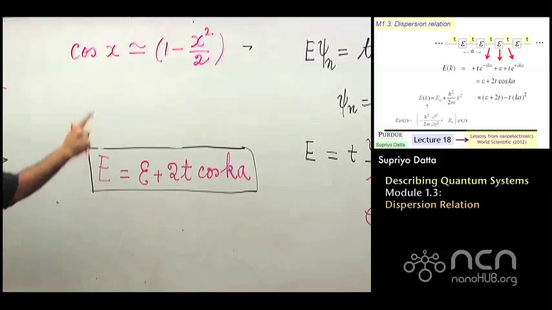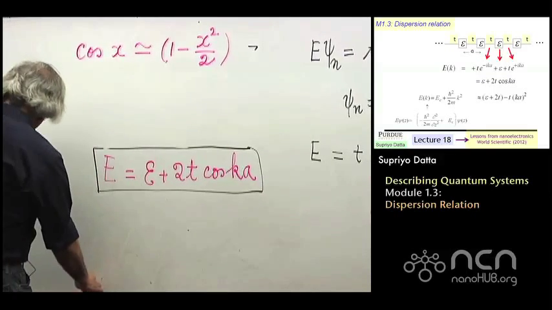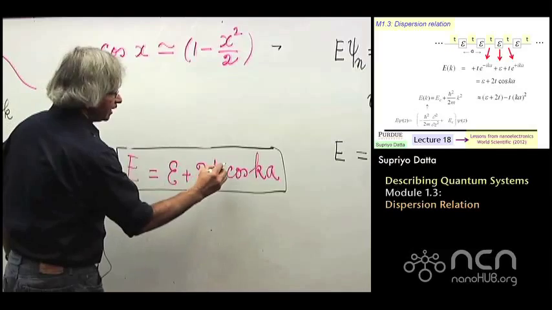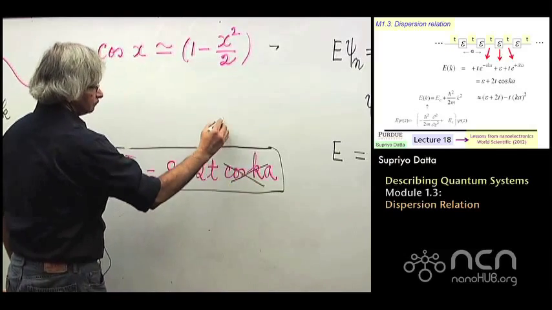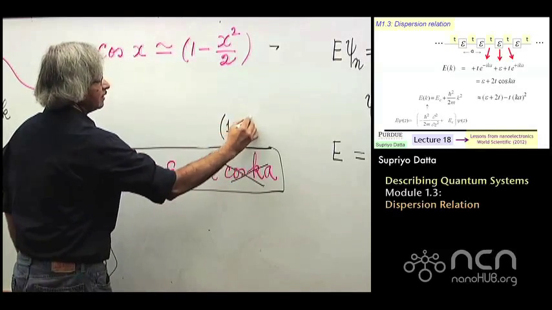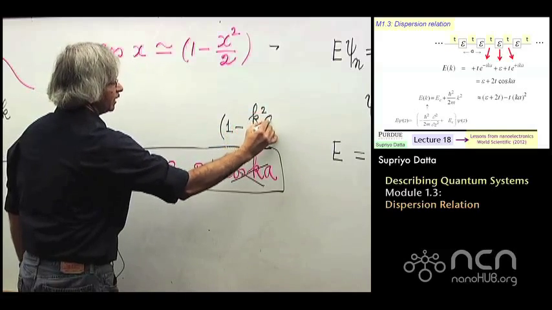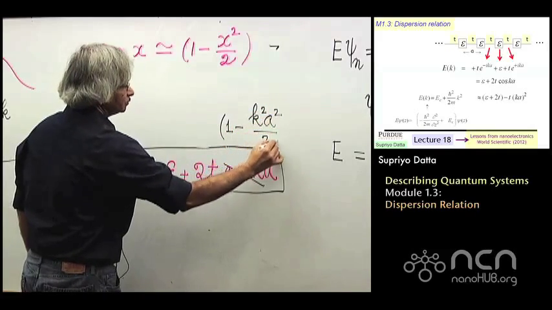Now if you use that, then instead of this cosine Ka, what I get is 1 minus k squared a squared divided by 2.